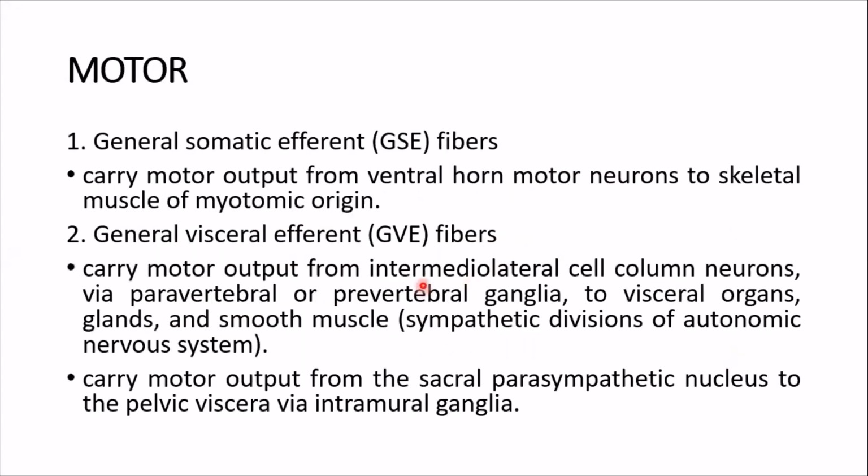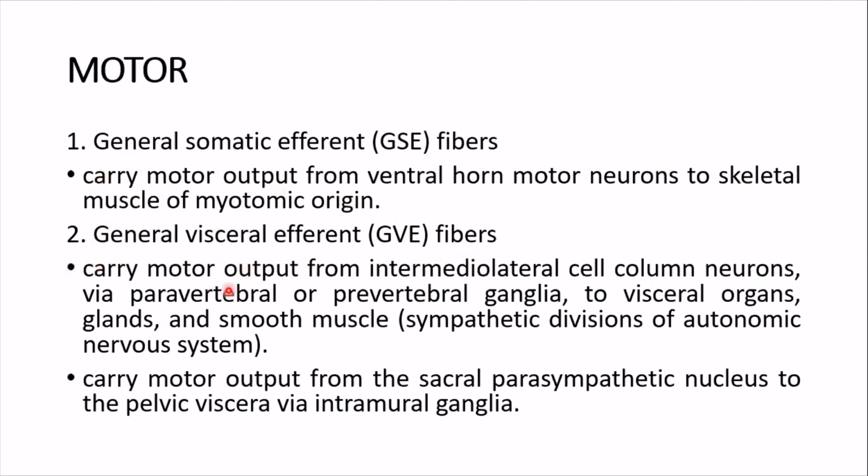And then the motor components, right? The third is the general somatic efferent, which conveys motor output from the ventral horn motor neurons to the skeletal muscle of myotomic origin. And the second one, which is the fourth functional component of the spinal nerve, is the general visceral efferent fibers.